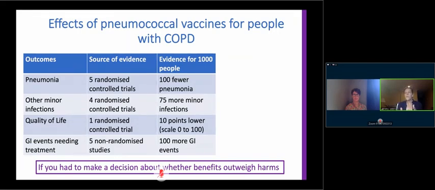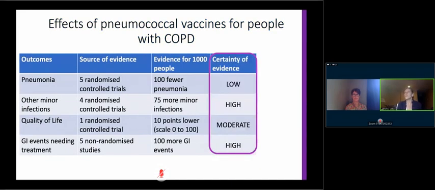But we know people have to start making decisions about whether the benefits outweigh the harms. So you could potentially look at the 100 fewer pneumonia, but we have some minor infections and a few more GI events, and start to balance those benefits and harms. But if we were to tell you how confident, how certain, we were in those numbers.